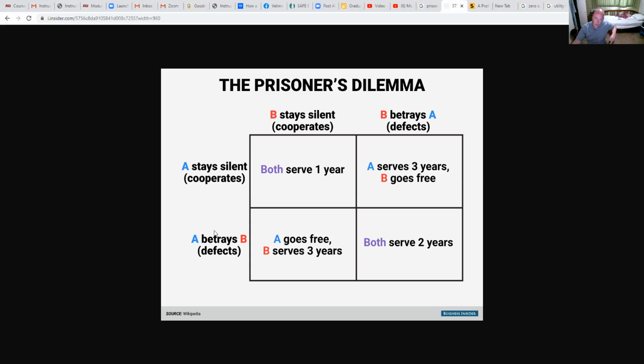And this always seems to be the better choice, to betray your friend. And so this bottom right quadrant is the one that is most likely, the one that we should do, okay? We should betray our friend and they should betray us, and we should end up both serving 2 years. The police win either way, right? The police always get somebody.